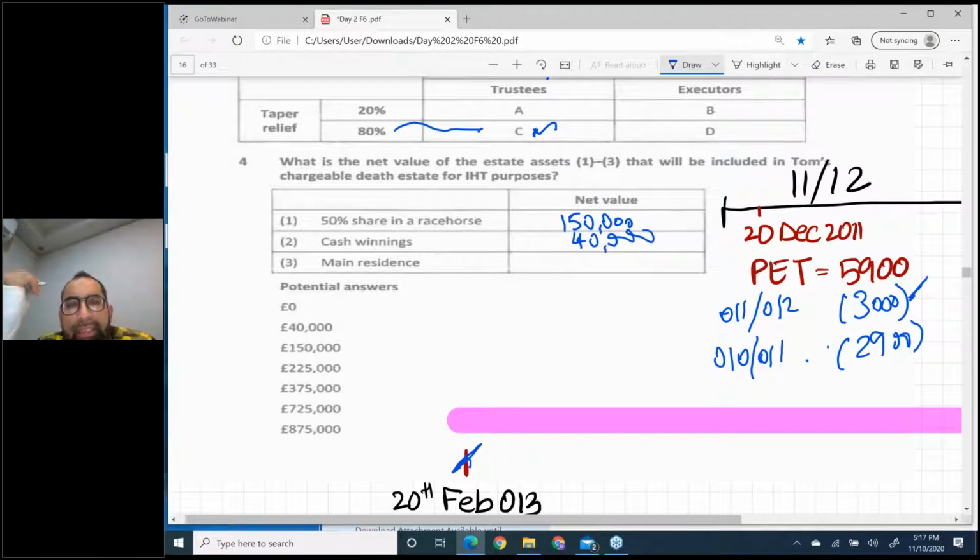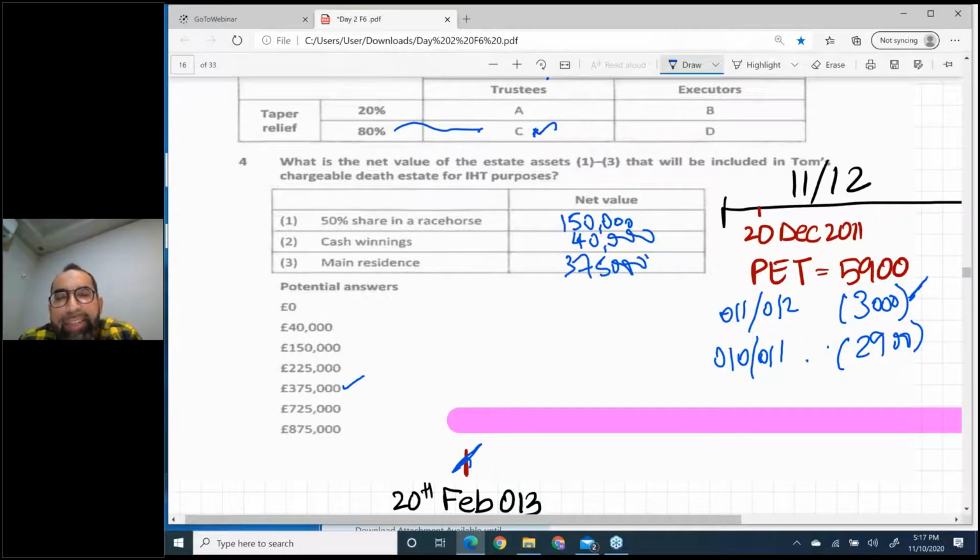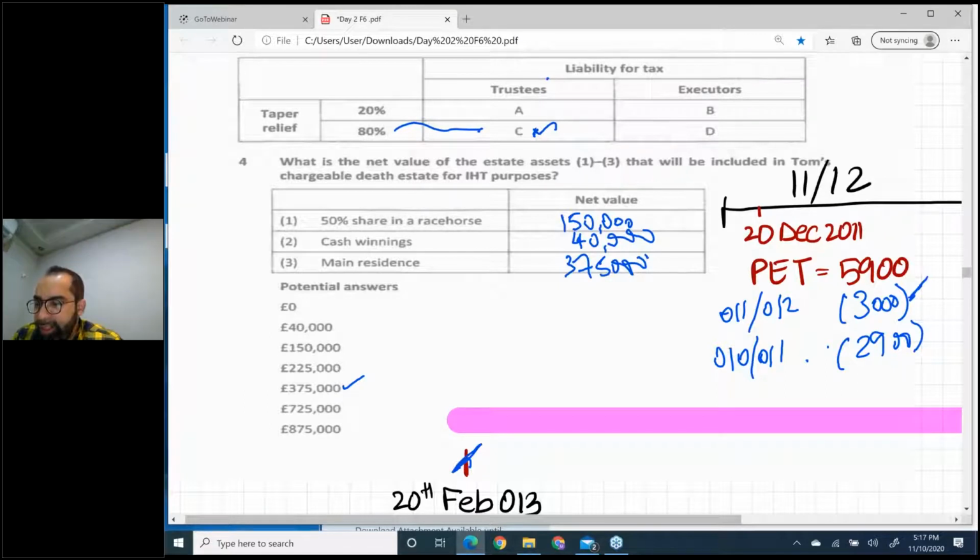And now tell me the main residence. There was some mortgage as well. 875,000 less 500,000 makes 375,000. Okay, done.